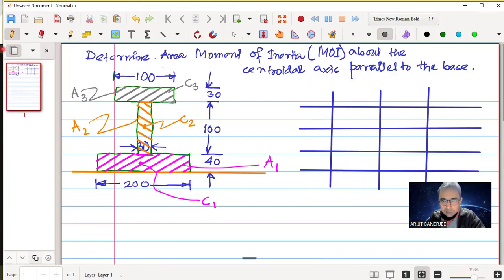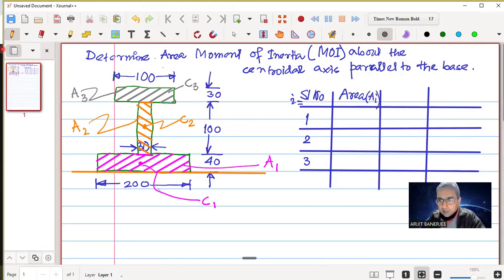So serial number, this is 1, 2, and 3. Then we have area. So serial number means what? I, value of I basically. Area, AI.